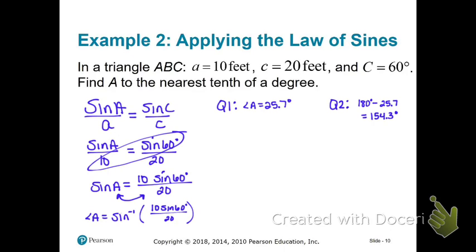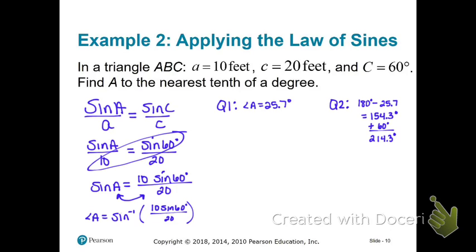We have to check and see, though, will the quadrant 2 angle work? In order to find out if it's going to work, you're going to take that angle plus the angle that was given to us. So we're going to add the 60 degrees to it. And that's 214.3 degrees, right?